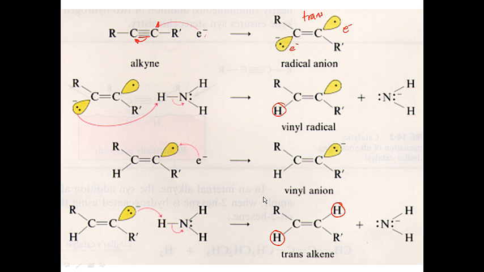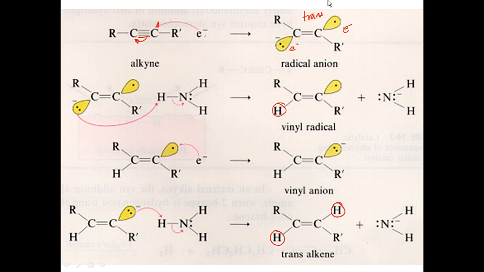But the key species is this radical anion, because these big clouds of electron density have to be trans in order to form a stable situation. And when they do that, that sets the positions that the hydrogens will add into. Okay, so that's the mechanism.